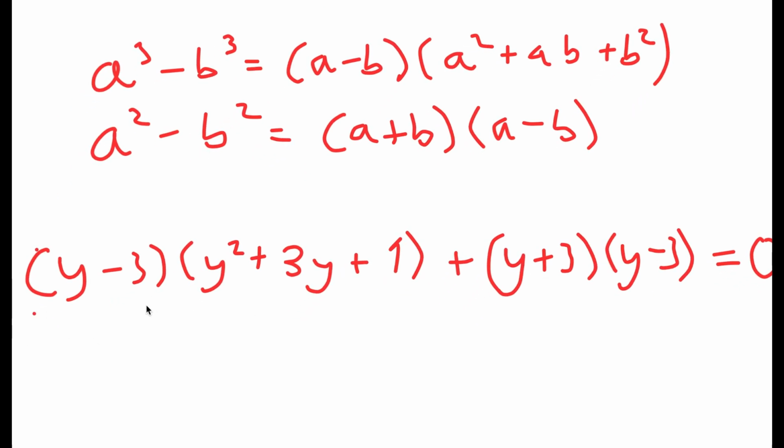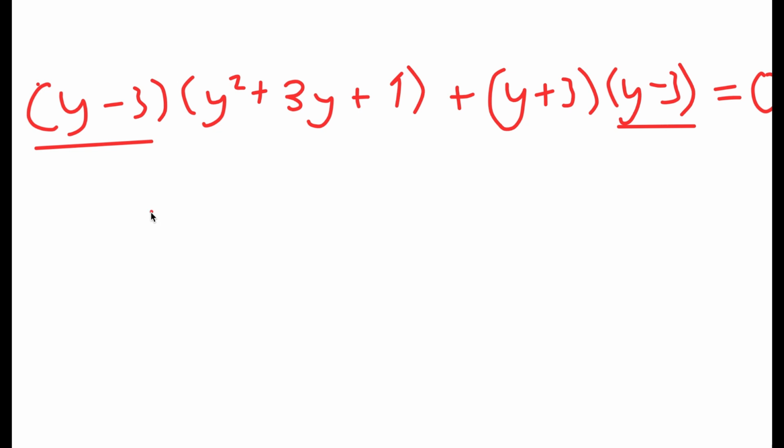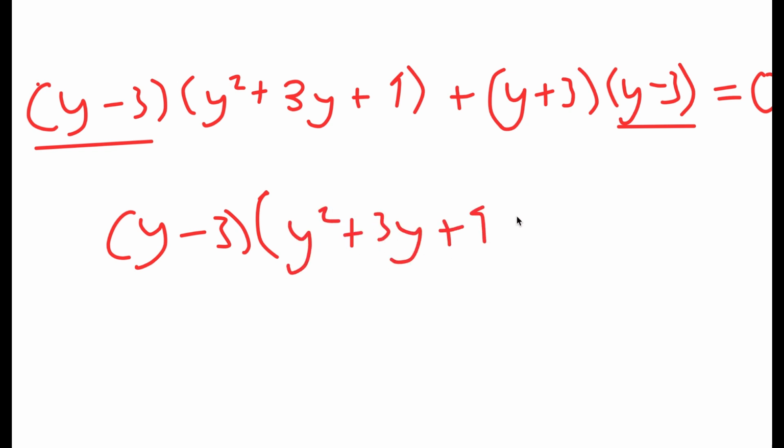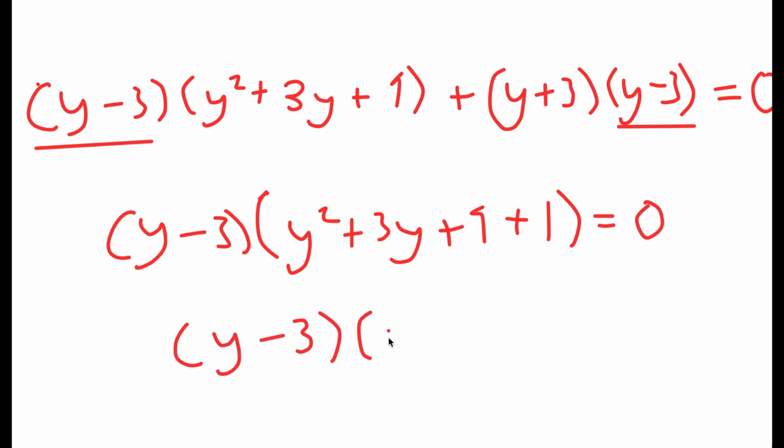Now, because these two terms both have y minus 3 in them, I can factor out y minus 3. So I get y minus 3 times y squared plus 3y plus 9 plus 1 is equal to 0.